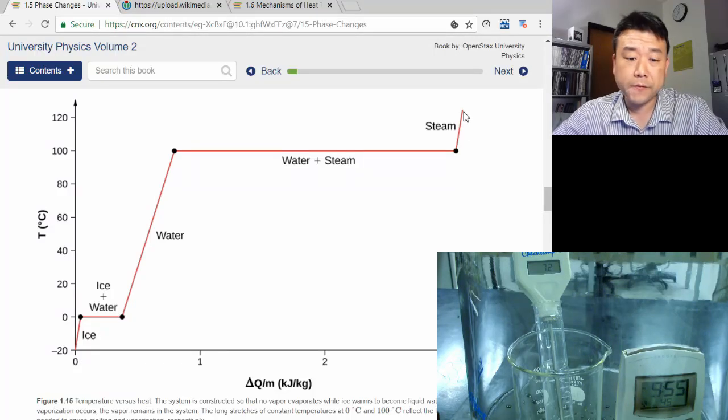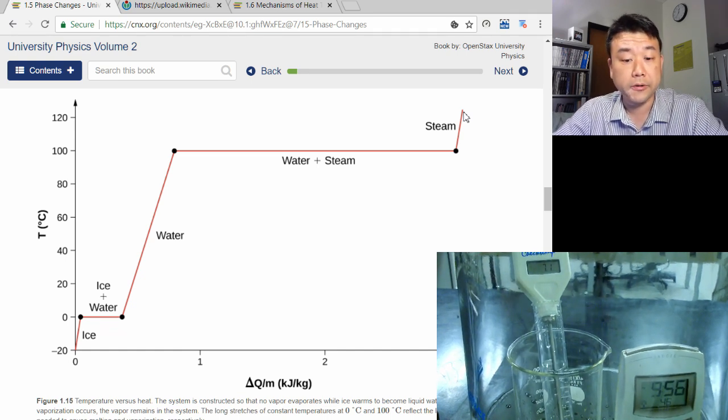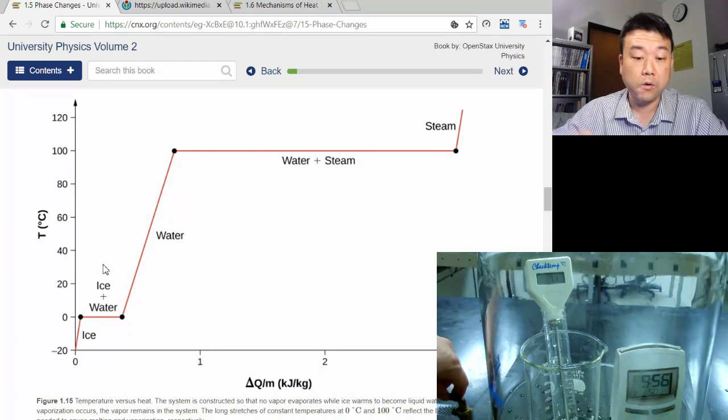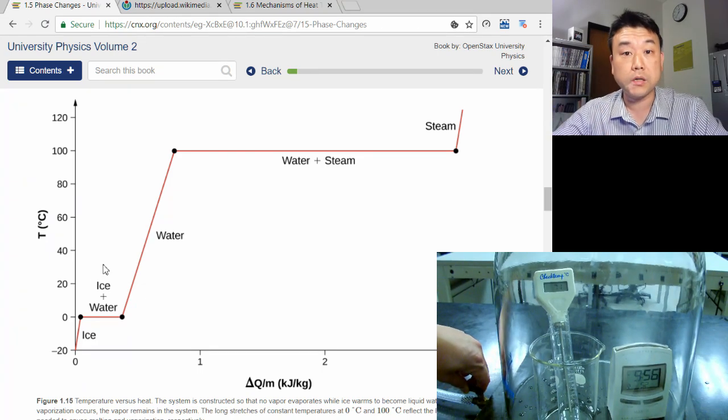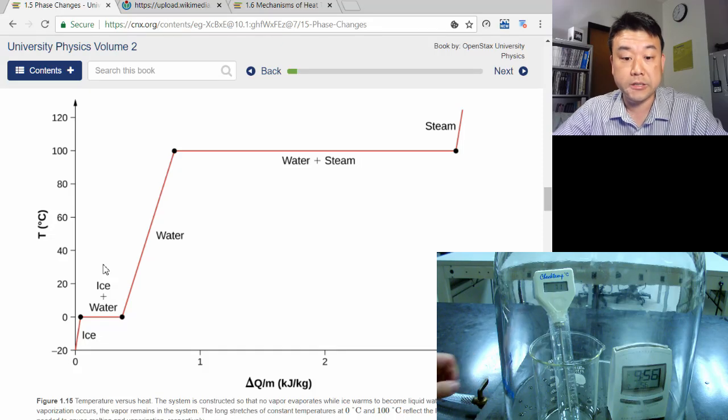I hope this graph doesn't seem unfamiliar. If you have not seen this graph before, I hope this at least makes intuitive sense. After all, this is how we define a melting point and a boiling point. When you have a mixture of ice and water, if they are all well mixed into a thermal equilibrium, you know it is at 0 degrees Celsius.